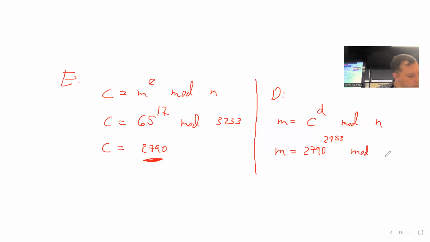And what is mod? 3233. And that should give you 65, which was the original value.